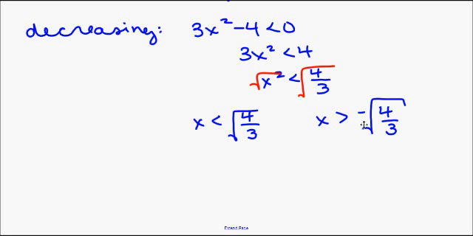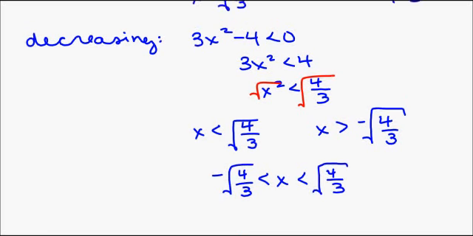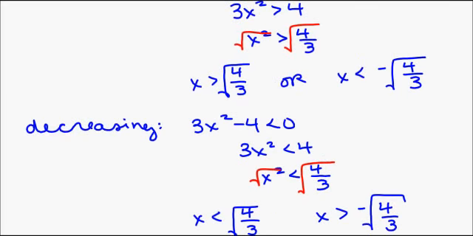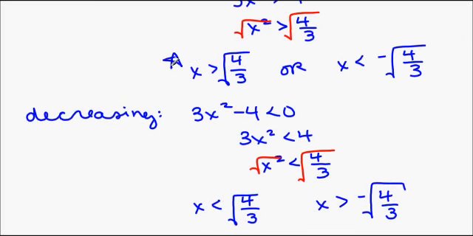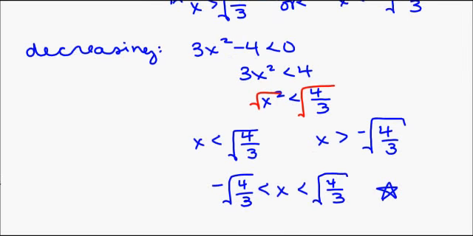Okay, and this here we can actually rewrite. It's a little sandwich. This one we couldn't have done that, but here we can. So this is where we are decreasing, and this is where we are increasing.